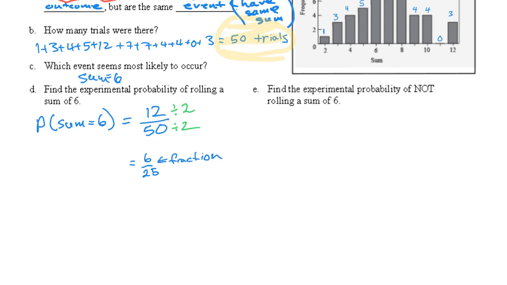Now this is perfectly acceptable for your final answer, or you turn it into a decimal by just taking 6 divided by 25 to get 0.24, which is my decimal. And then take the 0.24 and multiply by 100% to get 24%.